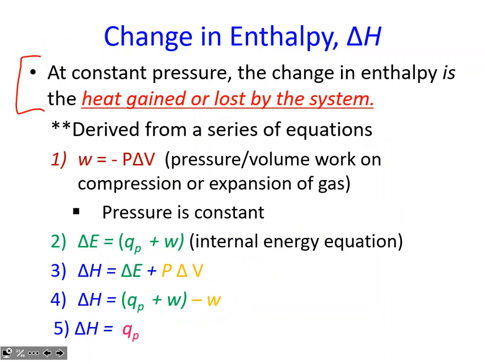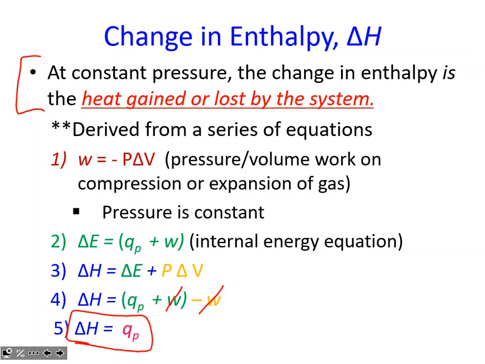Then we have this delta H equation that combines the internal energy equation with the pressure-volume work, as focused on calculating it for the gaseous substance. But when you substitute it in, the work ends up canceling out, so we don't look at the work anymore, and now all we care about is that change in enthalpy equals the heat at constant pressure.